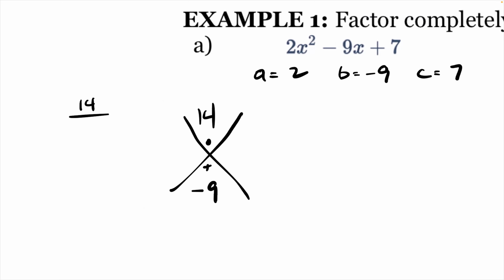I make a little table. There's not a lot of things that multiply to be 14. 14 times 1, and 2 times 7. I know those are both going to multiply to make the top number. Now when I add them, 14 plus 1, 2 plus 7, do any of them make -9?